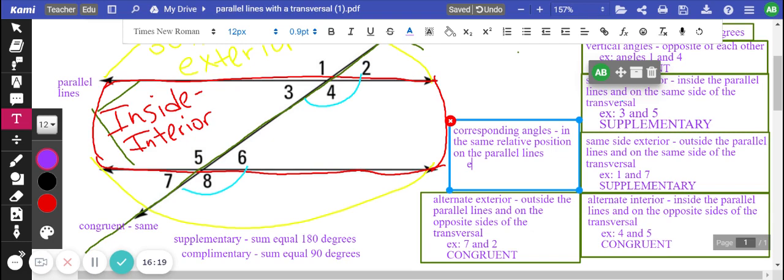So the examples are 4 and 8. Or you could say, we said 2 and 6. But these are congruent. Now, those are all the different types of angles that we have.